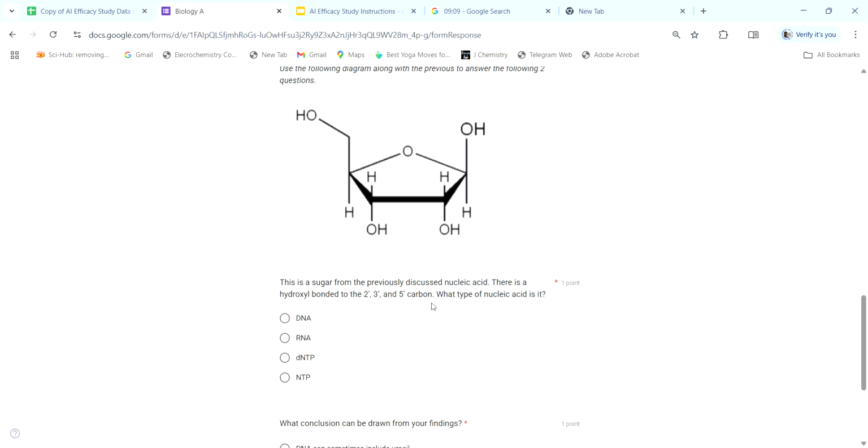In 2 prime we know that if it is a hydrogen then it will be deoxyribonucleic acid, but if there is an OH group at the 2 prime end, it must be ribonucleic acid. So RNA, that is ribonucleic acid. This is the correct answer.